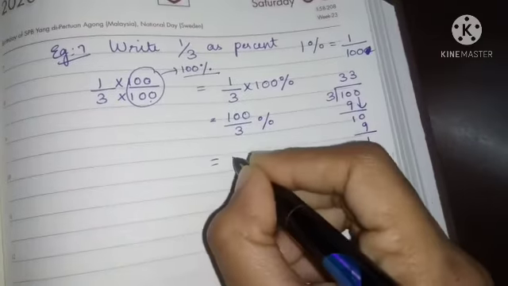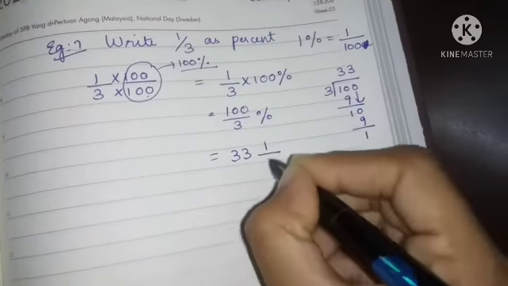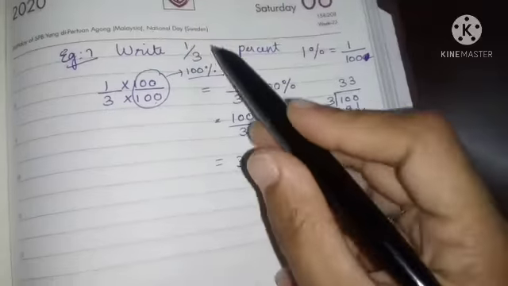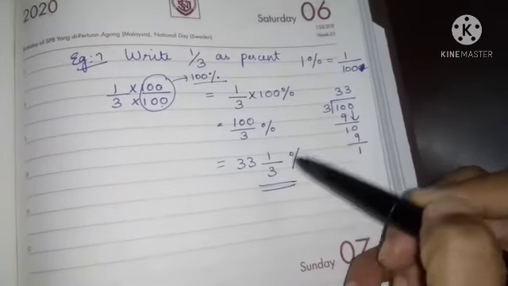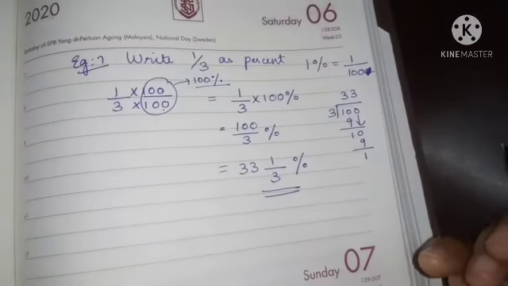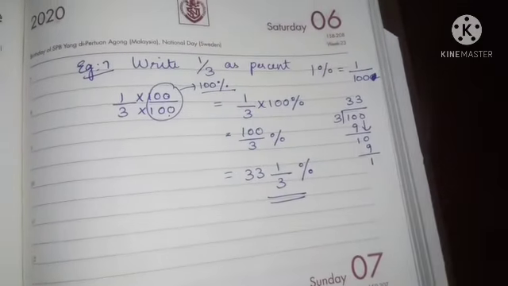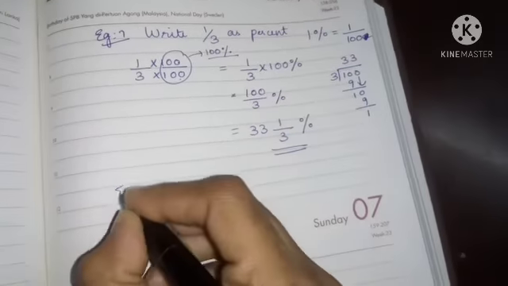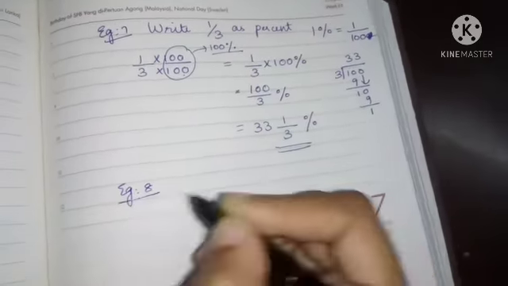So what are you getting? 33 and 1 by 3. So now I have made 1 by 3 as 33 1 by 3 percentage.